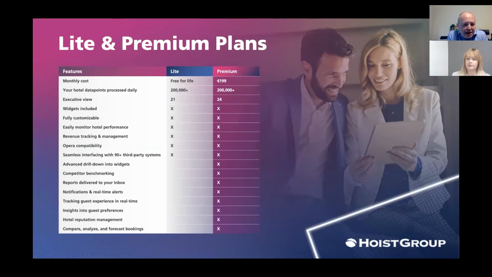Now, as you can see, it's a balanced set of features. A lot of the in-depth analysis, such as the competitive benchmarking or the reputation management, is only available on the paid version. But nevertheless, on the light version, you get to see a basic view of the 21 widgets out of the 24 that are available, and you still get to see KPIs computed and allocated for your hotel.